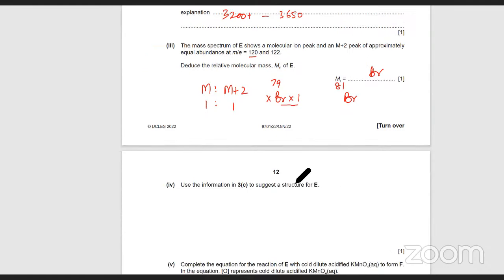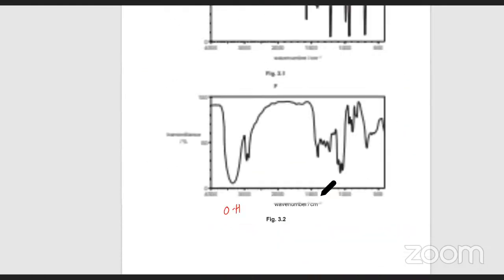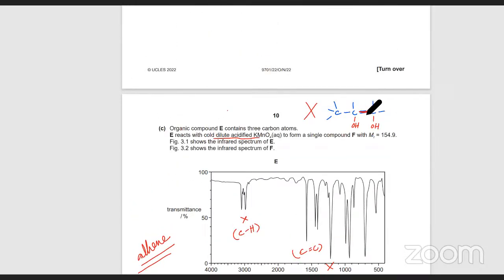So you now have to figure out what the structure of E is. तो E हमें पता तो लग गया था कि it was an alkene. We had figured that out. ये Mr किसकी दी हुई है?